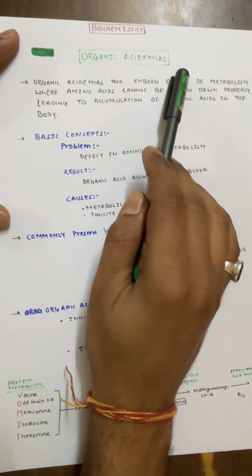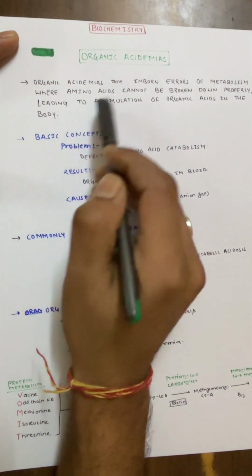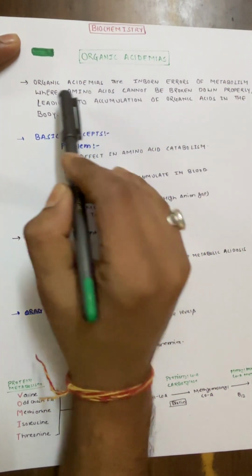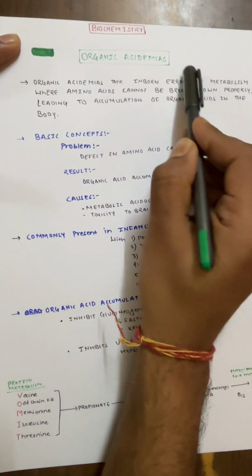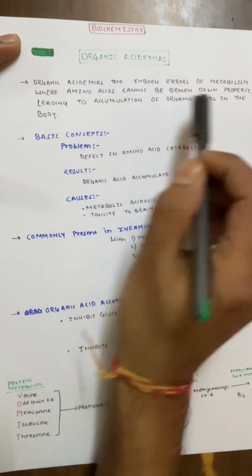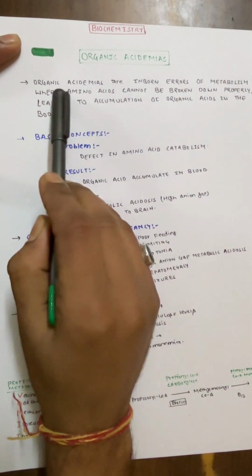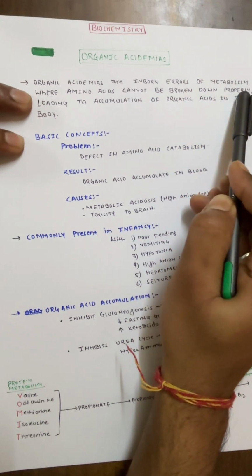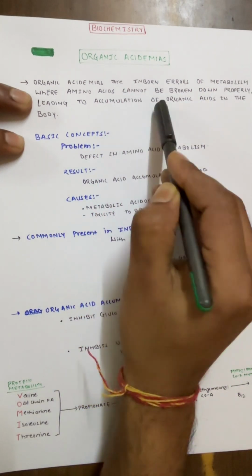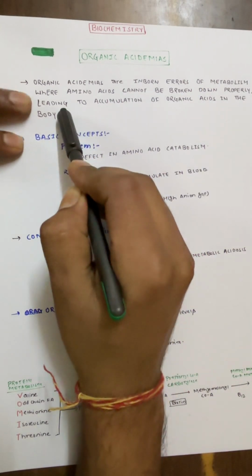While talking about organic acidemia, let's first understand what this is. Organic acidemias are inborn errors of metabolism where amino acids cannot be broken down properly, leading to accumulation of organic acids in the body.